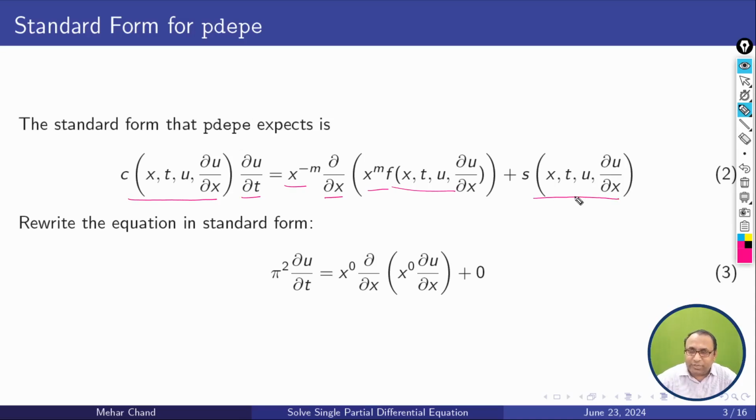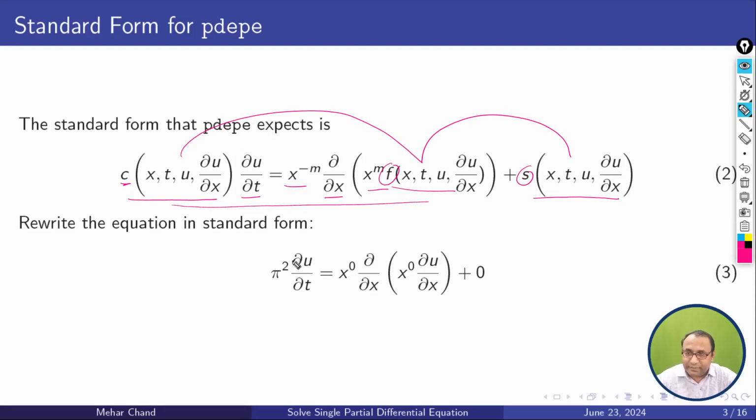We need to note carefully that c, f, and s are all functions of the same arguments x, t, u, del u upon del x, and these are known as the coefficients of the partial differential equation. We need to rewrite our partial differential equation in this format to employ the PDEPE solver.